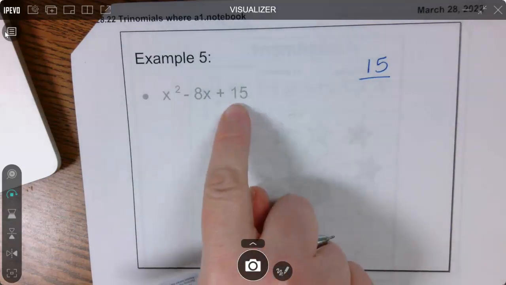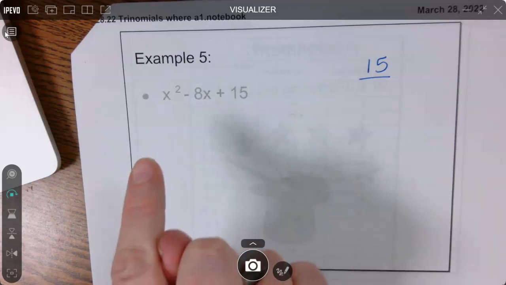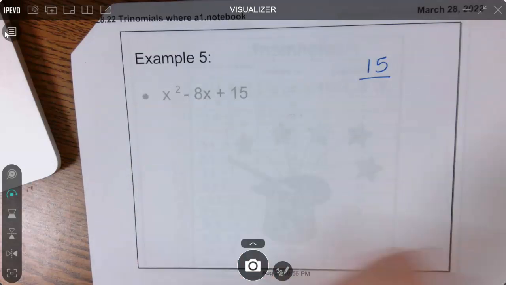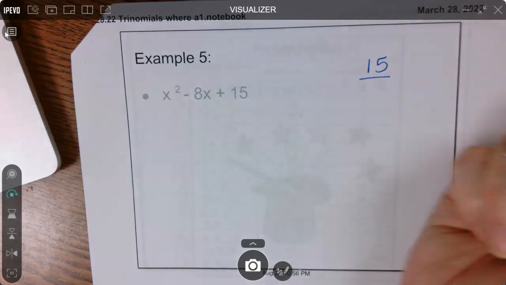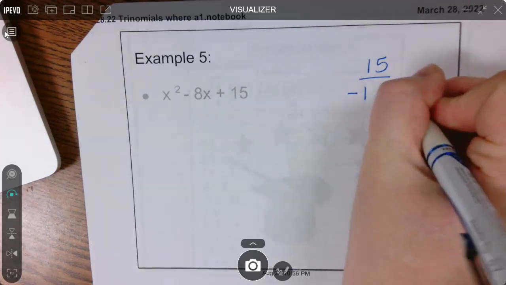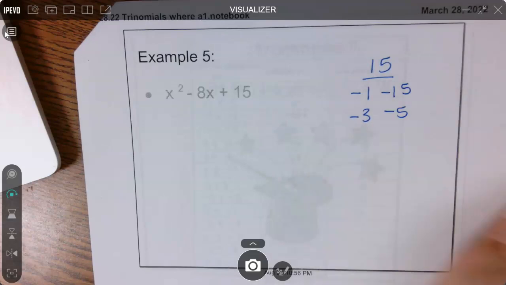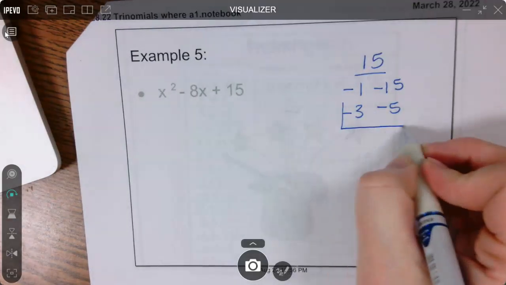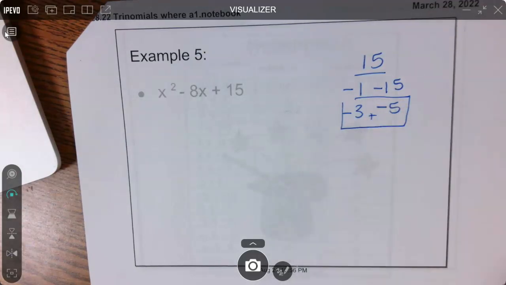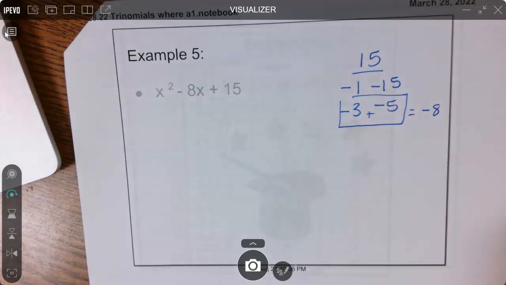When c is positive, b is negative, the two factors both have to be negative. So I'm not even going to list any positive ones. We have negative 1, negative 15, and we have negative 3 and negative 5. And that's it for 15. So it should be very obvious that negative 3 plus a negative 5 gives you a negative 8.